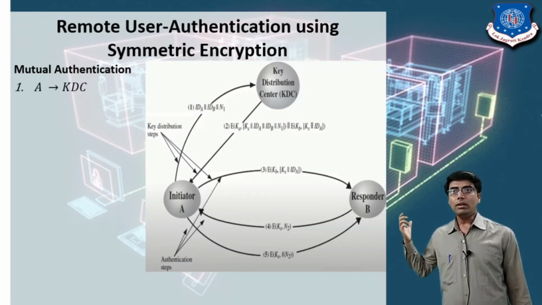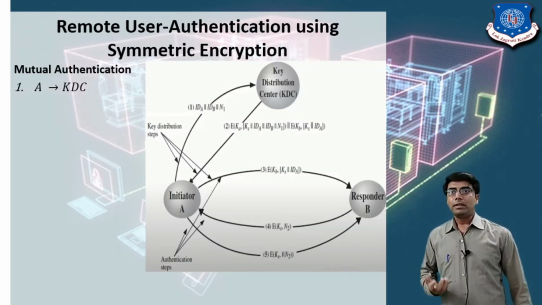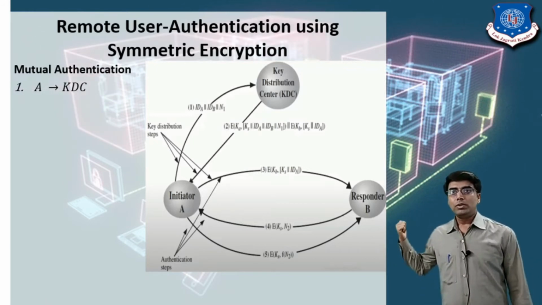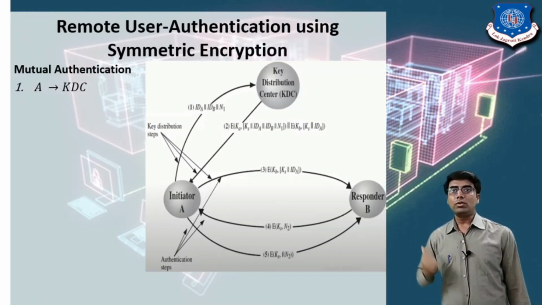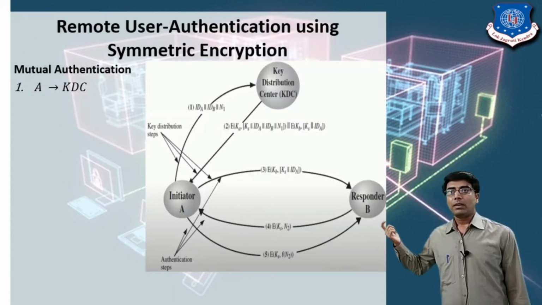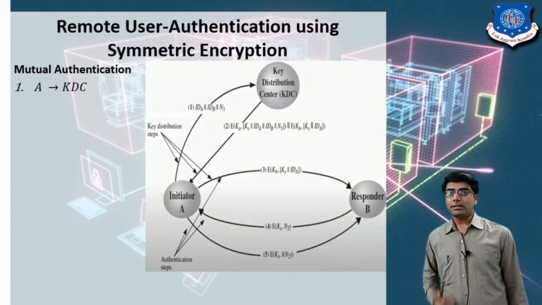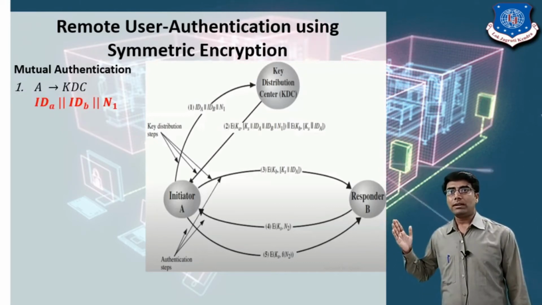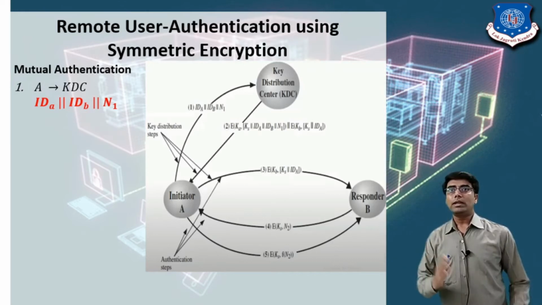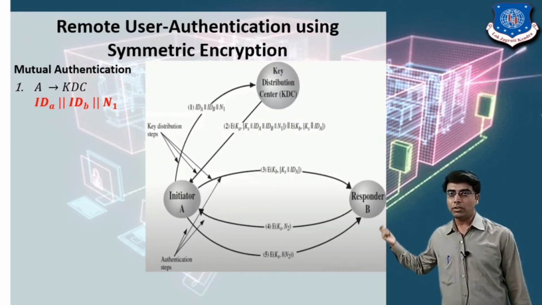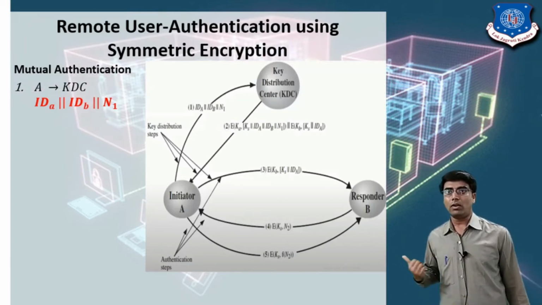Now if user A wants to communicate with user B, first user A will send the request to the key distribution center for getting the session key or secret key. User A sends the request message to the KDC, and in that message it includes the identity of user A, the identity of user B, and the nonce N1.